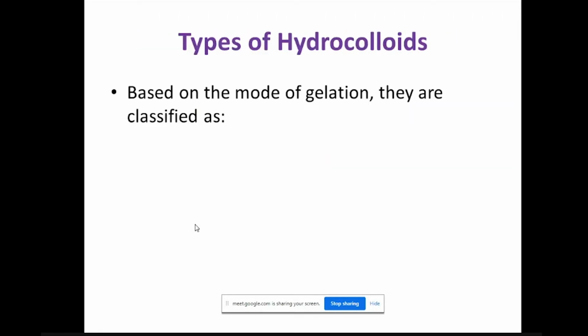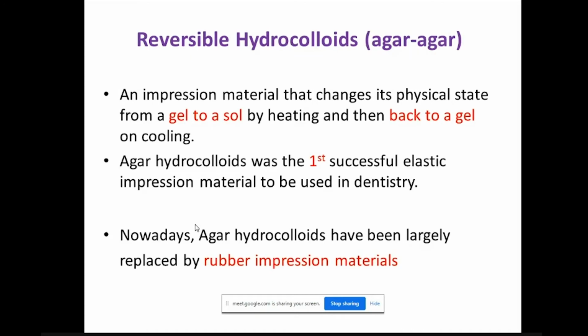We have types of hydrocolloid based on the gel reaction. We have two types of hydrocolloid, either reversible hydrocolloid or irreversible hydrocolloid. Reversible hydrocolloid is like agar-agar. It changes from a gel to a solid by a physical change.